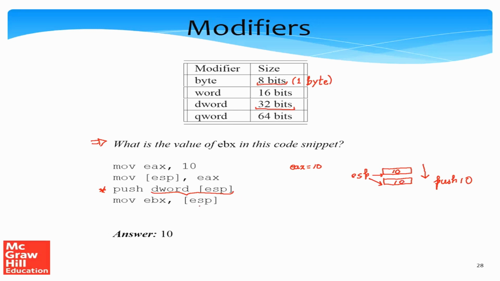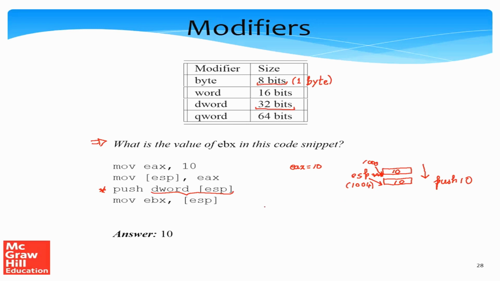Subsequently, the next instruction. Now what is the current status? The stack pointer points to the next location. So let's assume that the previous memory address of the stack pointer was 1000. So the current memory address of the stack pointer is 1004.